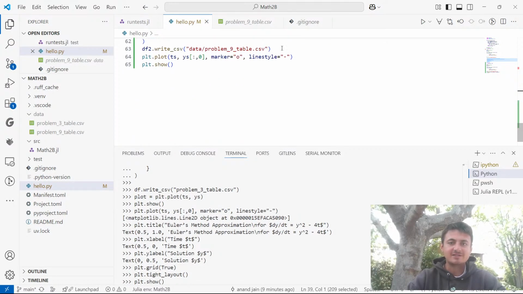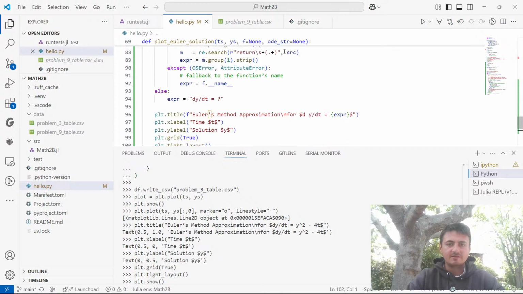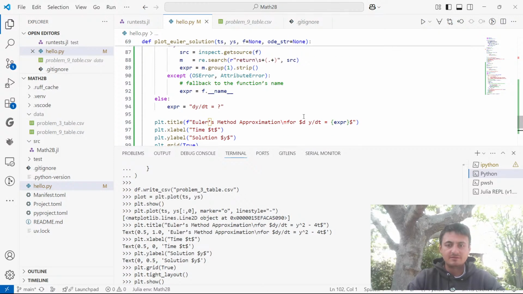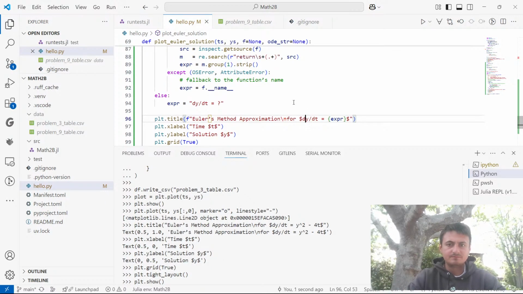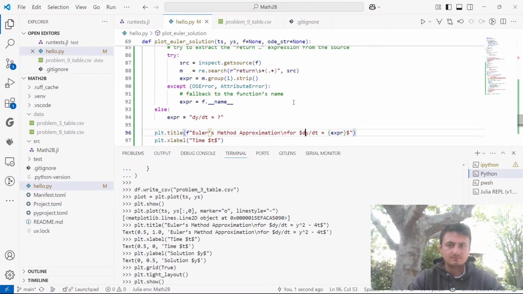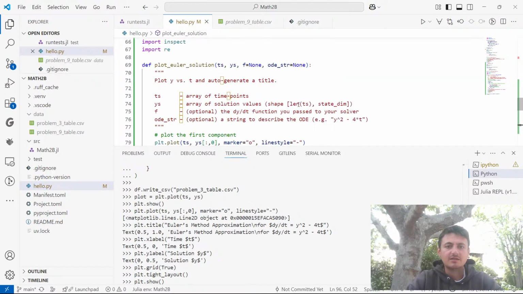All right, so let's put this function here. Oh, I didn't know about this dollars. I think, oh, you know what? I think that's actually LaTeX.